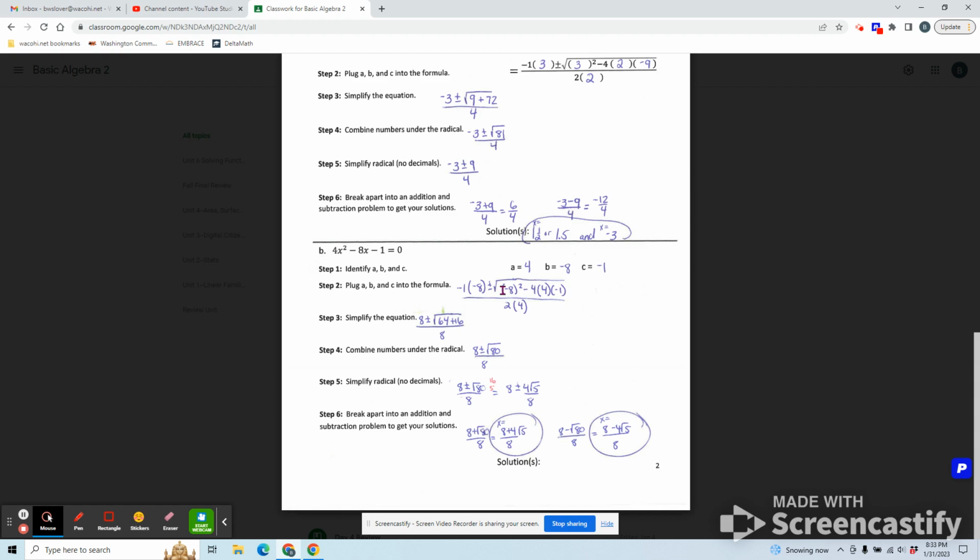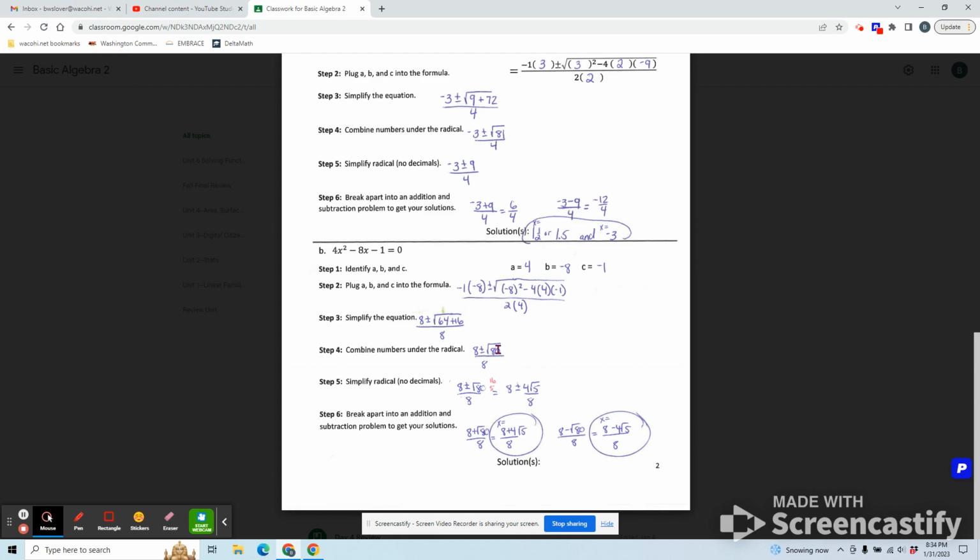That means -8 times -8. You should know when you multiply two negatives, you get a positive. However, your calculator may read it differently and may say that -8 squared is -64. You know that's not true. -8 squared, -8 times -8 is positive 64. And then -4 times 4 times -1 is positive 16, and I get root 80.